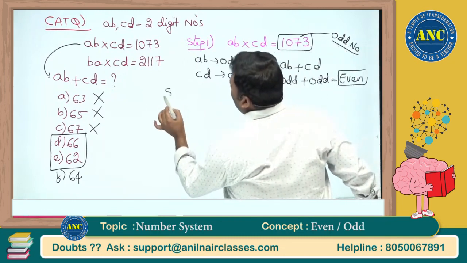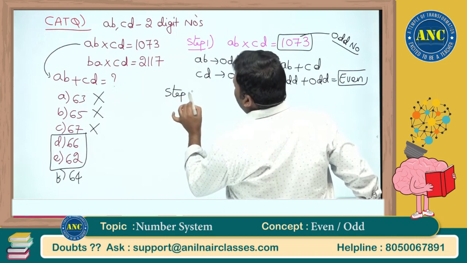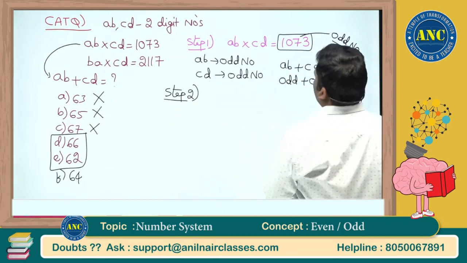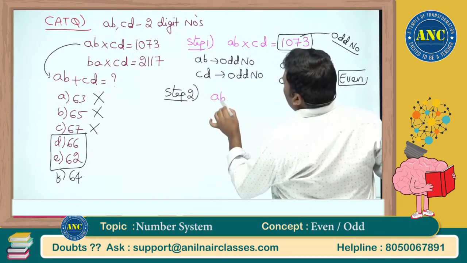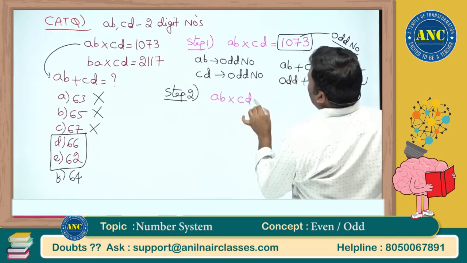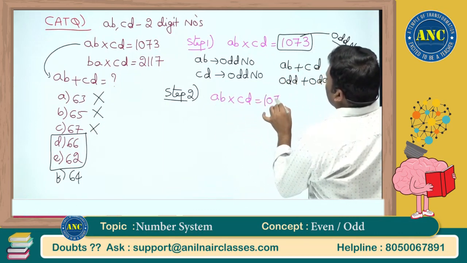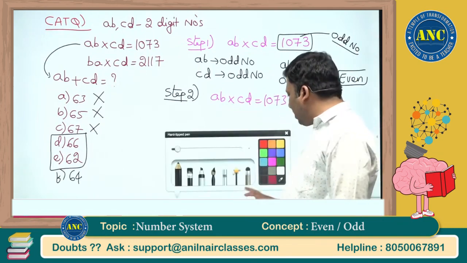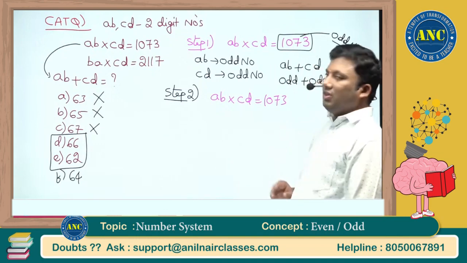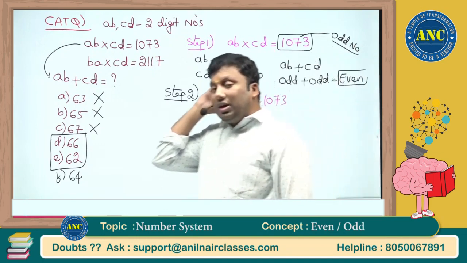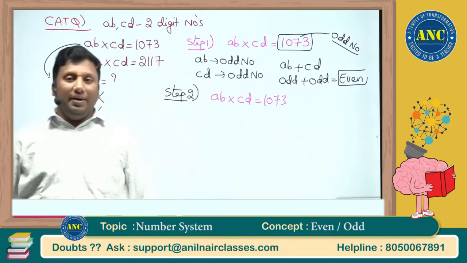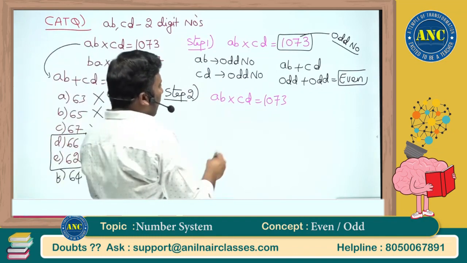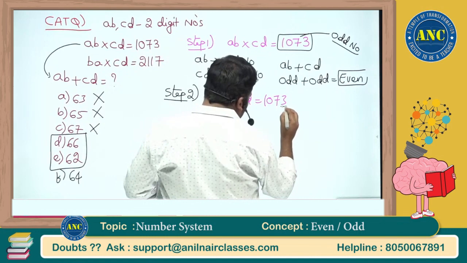Next, step number 2. We will go step by step and solve the problem. AB into CD is equivalent to 1073. We need to find out AB plus CD. If you look at this, what is the rightmost non-zero digit?